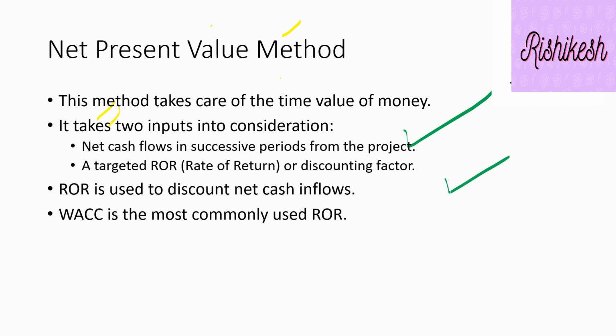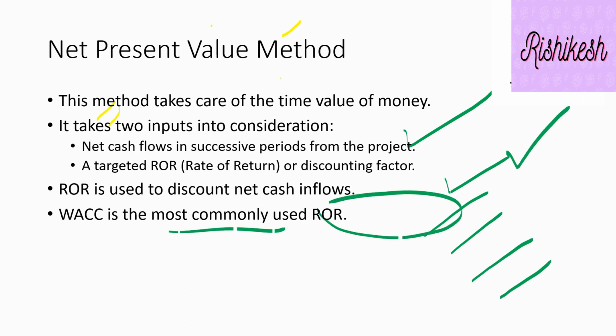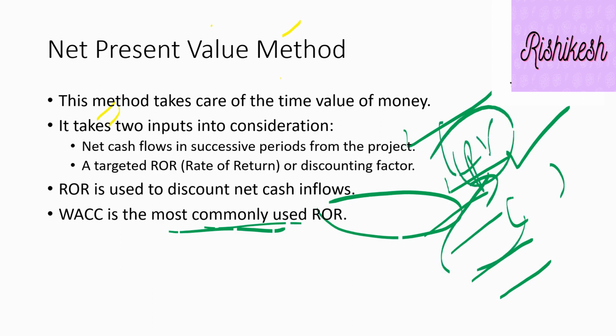So you require the cash flows in whatever period they occur, and you also require a discounting factor, also known as the rate of return. This discounting factor will be used to discount the future cash flows to the present value. So in order to find the present value of all the future cash flows, we'll be using this discounting factor. This ROR or rate of return is used to discount the net cash flows, as I told you just now.